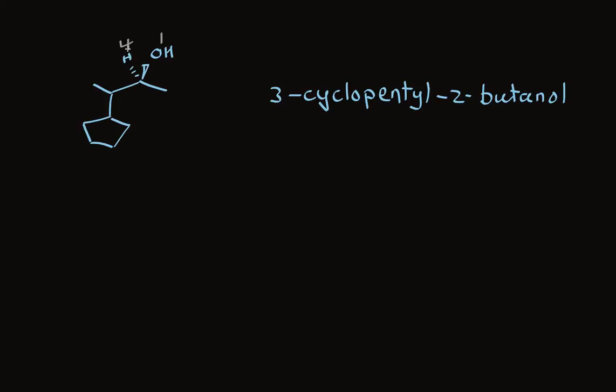We have 2 carbon atoms. This one is more highly substituted. We'll call it the 2, and this is the 3rd priority. We'll go in a circle from 1 to 2 to 3 and find ourselves going counterclockwise. It's the S configuration. So there you have it, S-3-cyclopentyl-2-butanol.